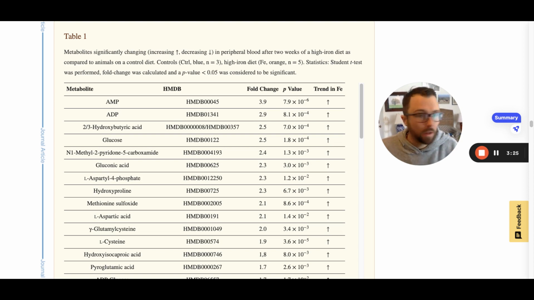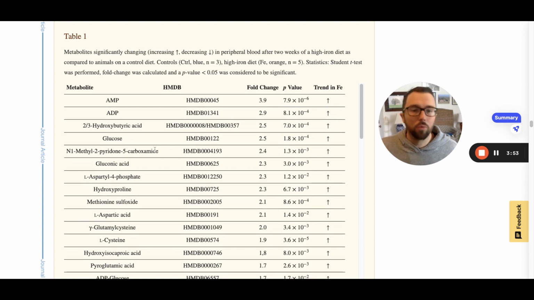You may be familiar with ATP in human energetics. So ATP is the ideal energy source for humans. AMP and ADP are signs of incomplete energy systems, right? So again, hammering home that altered metabolism, altered glucose metabolism, there's not a lot of ATP going on.